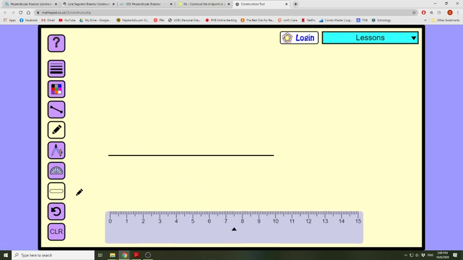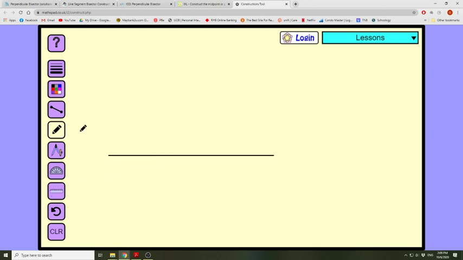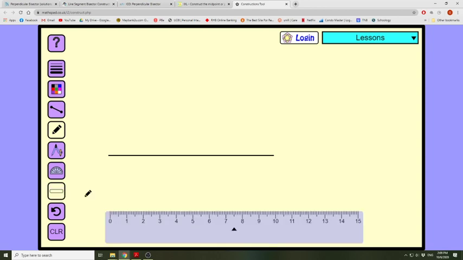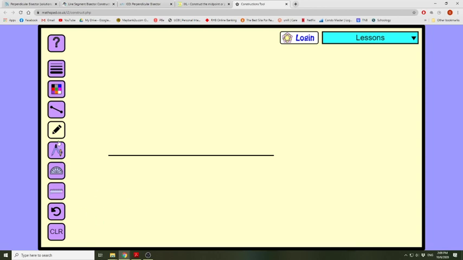This one the ruler can go away already. Then I want to draw the perpendicular bisector. Now if you notice, this is A, this is B.